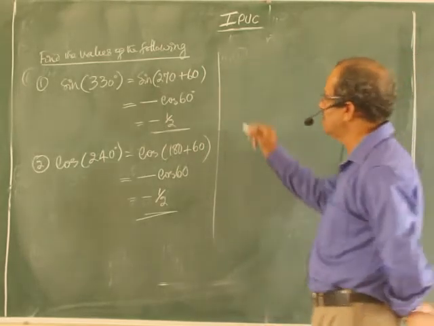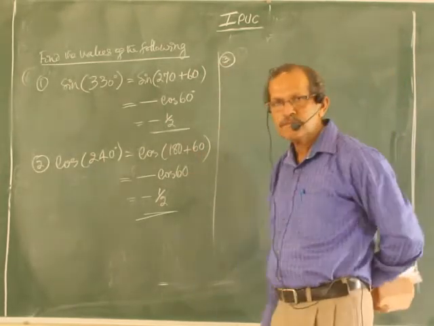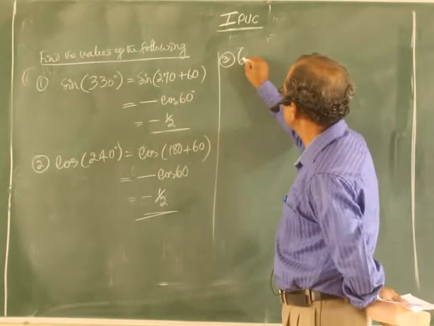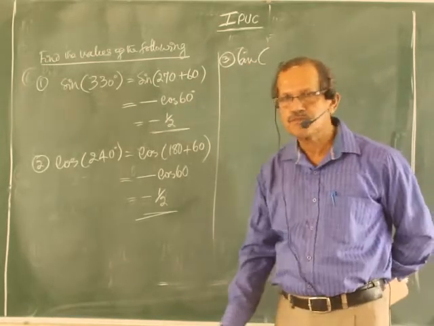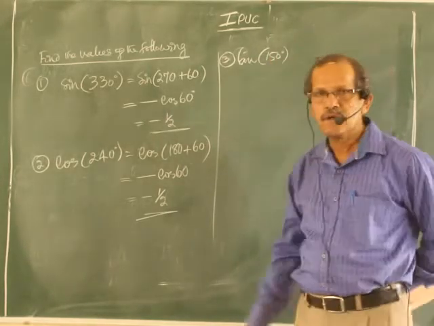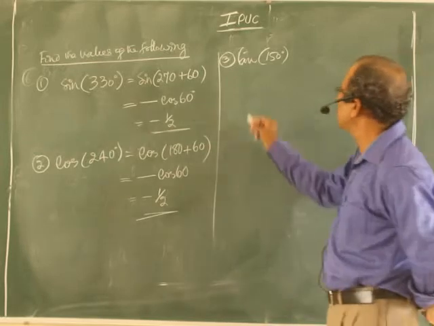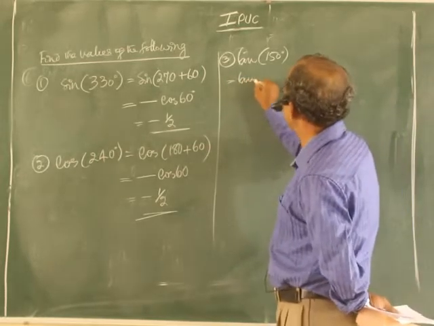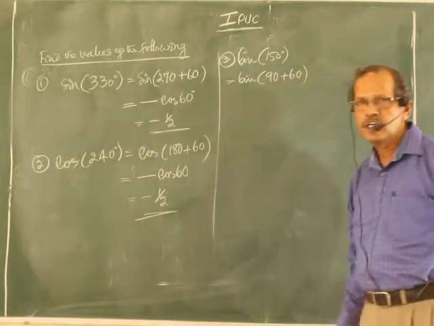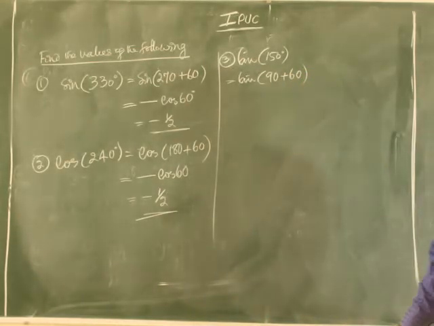Very careful. Third one is sin, cos, tan, leave it. Let me give you tan. Tan 150 degree. First step, write the angle in the standard form. Okay. 90 plus 60 is 150.